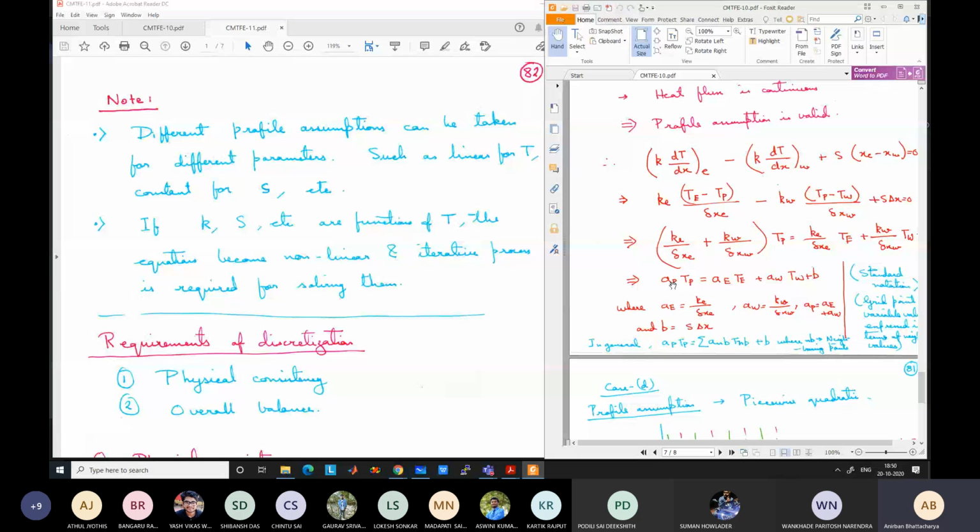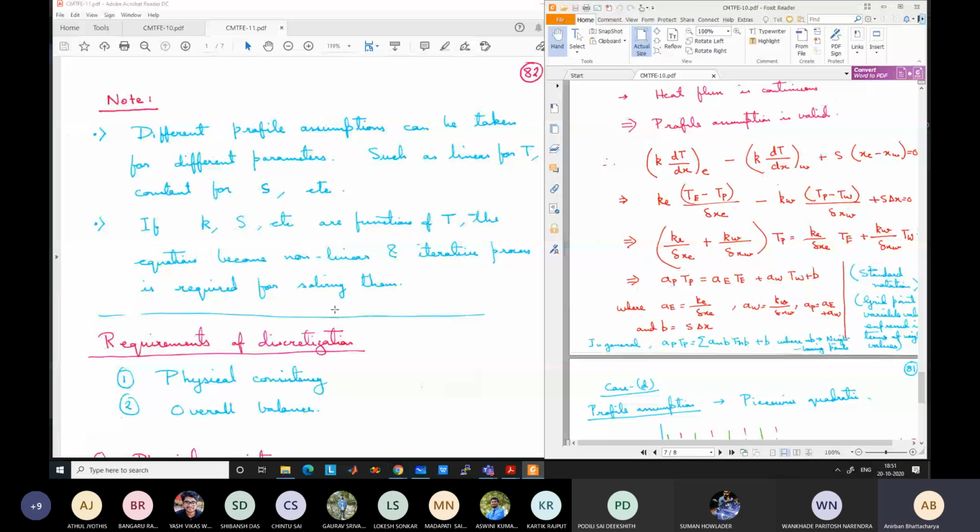These new values of T you again use in the next iteration to find the coefficients, and again solve to get new values of T. Like this, some sort of iteration has to be built up. This is how nonlinearity is tackled. It is not difficult to tackle. It is just more complex in terms of coding and simulation time.